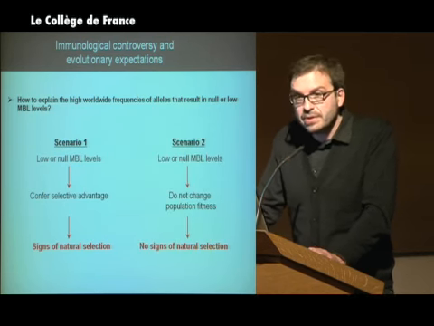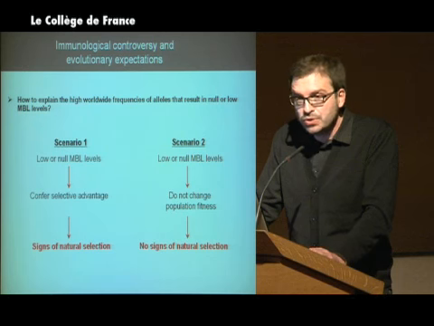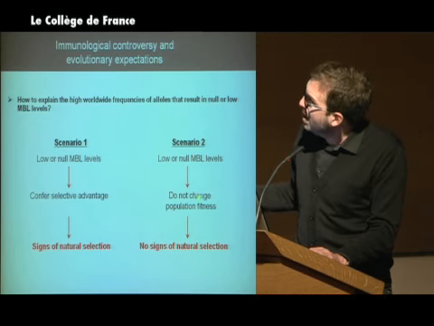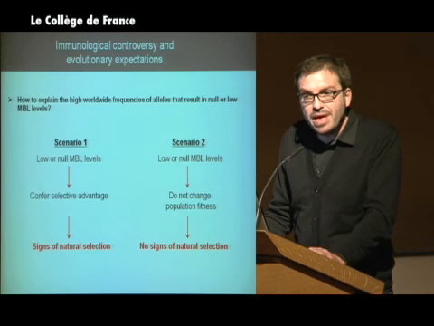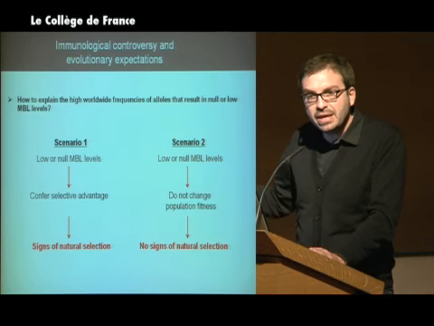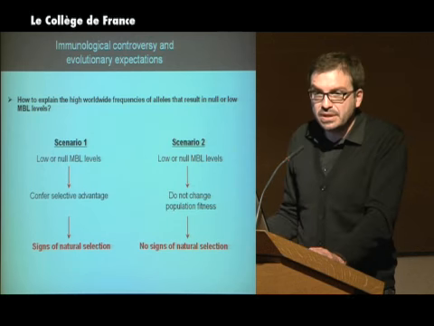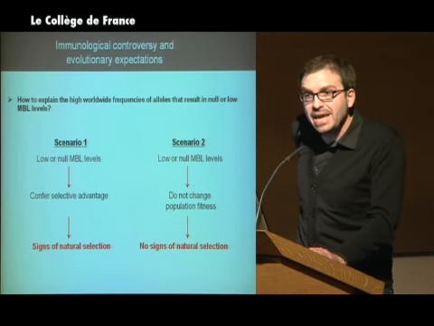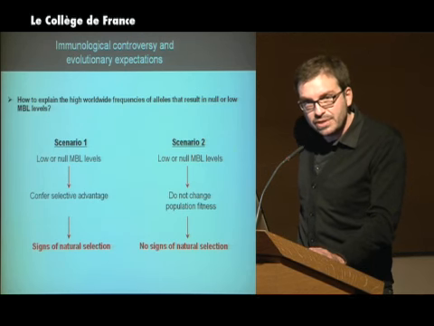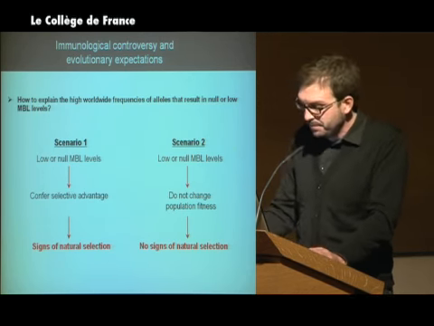The other scenario is that basically we don't care if we are MBL deficient, at least not evolutionarily speaking. So in this case, mutations associated with MBL deficiency can freely increase in the population because they do not change population fitness. In that case, the evolutionary expectation is that we should not find any signature of natural selection. That is, MBL should evolve under perfect neutrality.